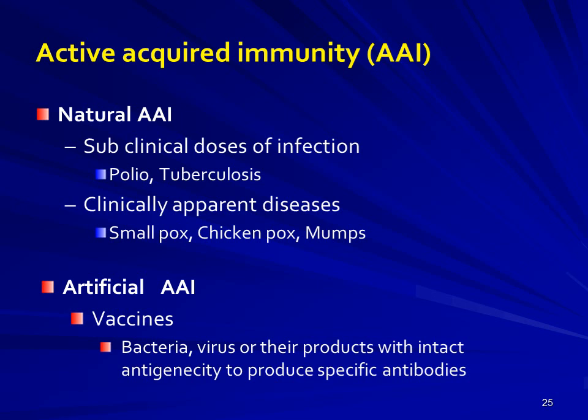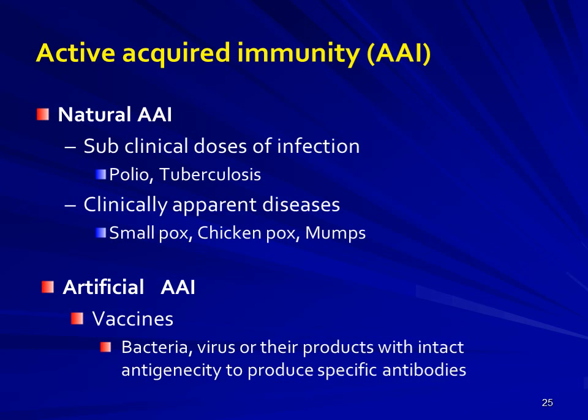Because if you understand the previous concept, the minimum infecting dose of the microbial agents is required to produce disease. So here subclinical doses of infection will stimulate the immune system to produce antibodies, but they are not able to produce the disease.